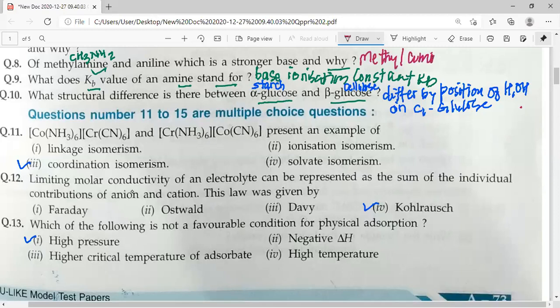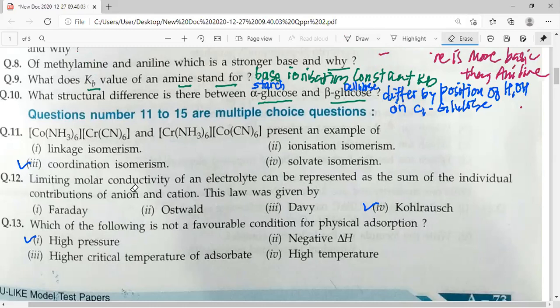This is how, my dear students, we understand the basic character of methylamine and aniline.